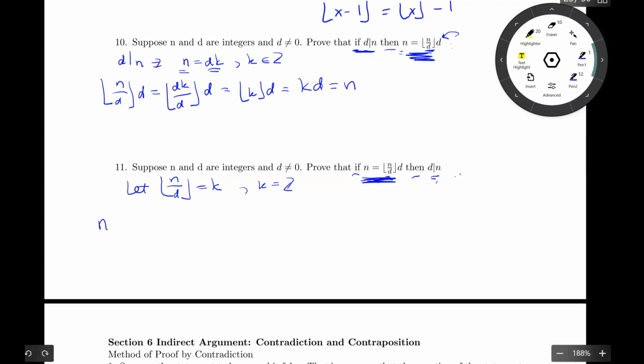If I have n, which is equal to, this is my if, right? So I can start with this, n over d times d. Now I'm going to substitute in k, right? So I get kd. So from this, I get n is equal to kd. Oh, what does that mean? That means that d divides n. I made it there.